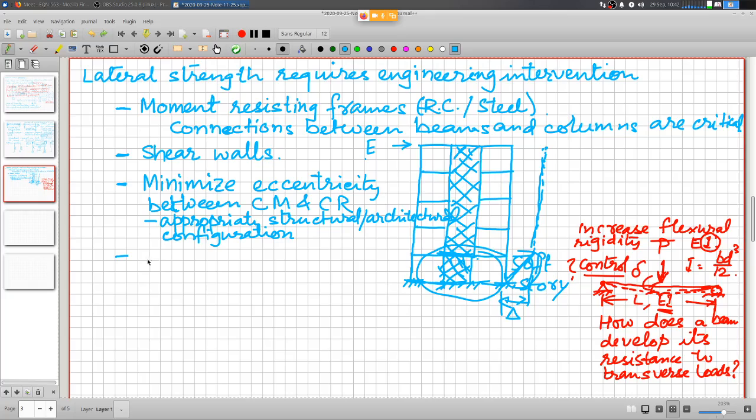we have this weak zones or intentional weak zones. So capacity design, the idea is preferred mode of failure.